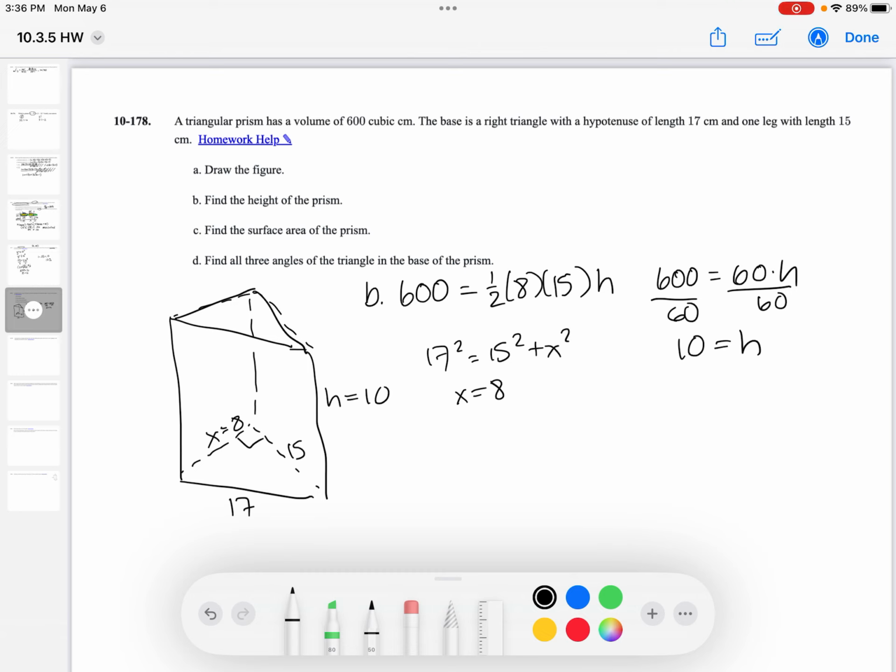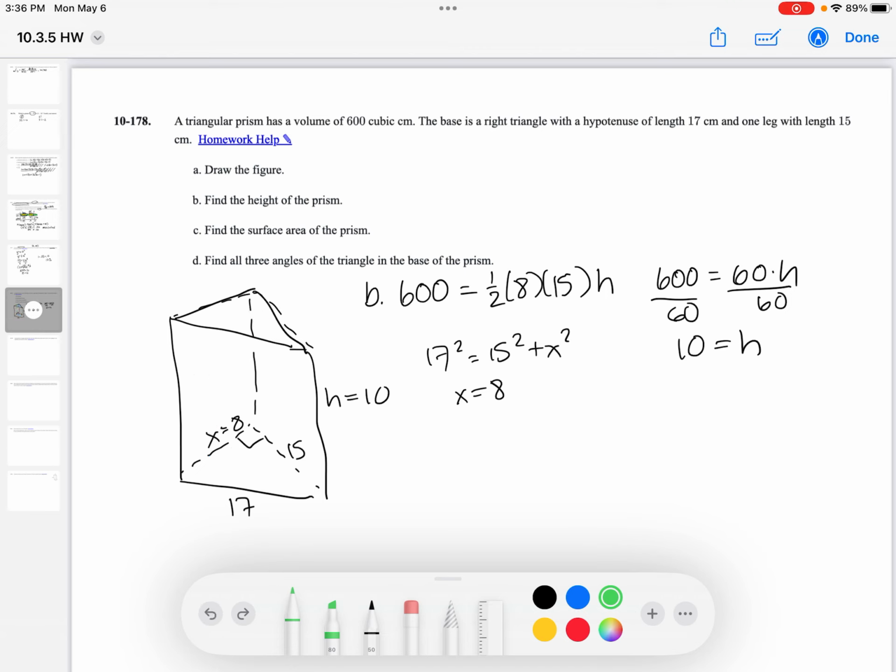Okay, well, how many faces does this have? This has the top and the bottom. And then around the sides, I have this one in the back, and I have this one over here, and then I have the front face. Okay, so there's 5 different faces.